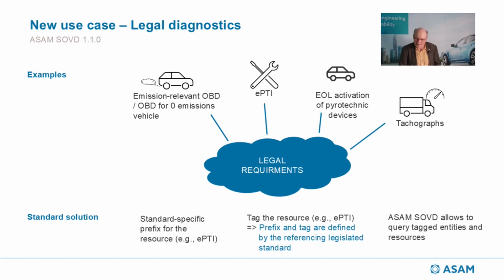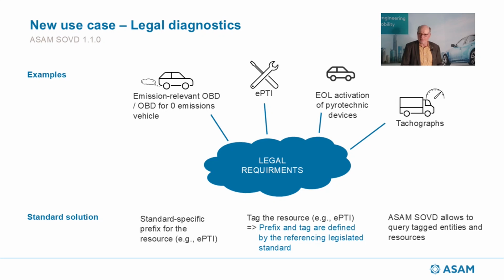And at the end, I ask only which entities have tagged values, which resources in the entities have tagged values, and then I work with my typical read, write, operations, scripts and so on with these tagged things. We support that more than one tag for one resource is possible.